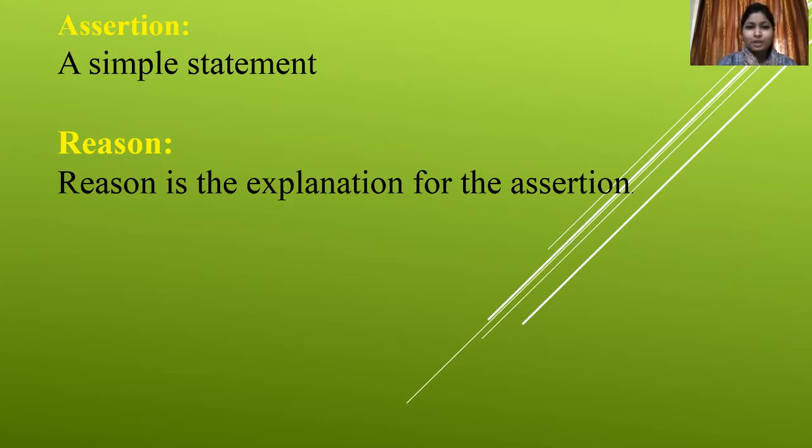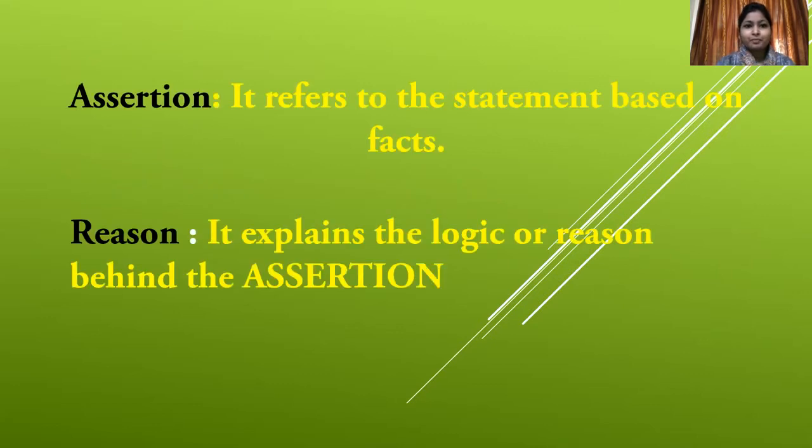You just have to check the reliability of it, whether these two statements are interrelated, or does the reason explain the facts about the assertion or not. Assertion refers to a statement based on facts, and reason explains the logic behind the assertion.